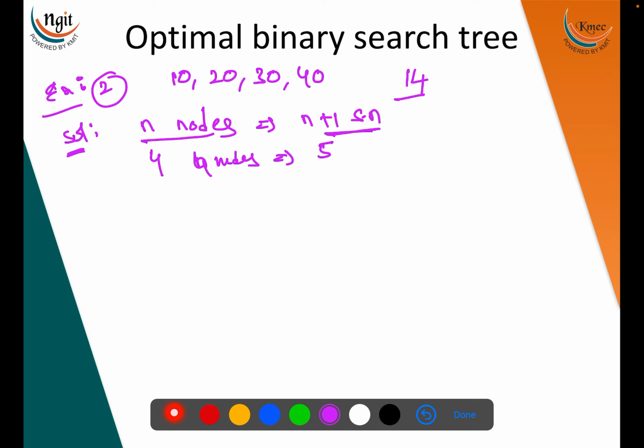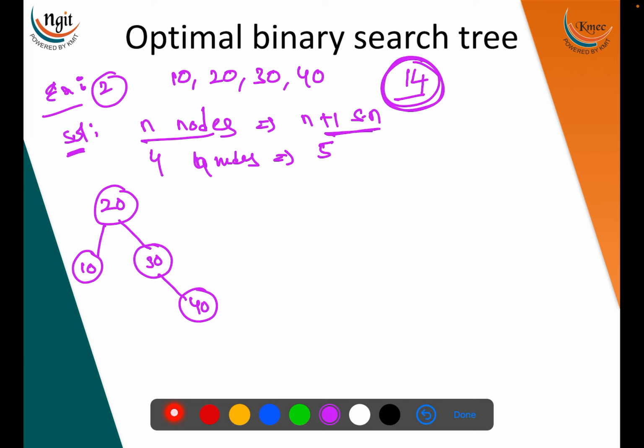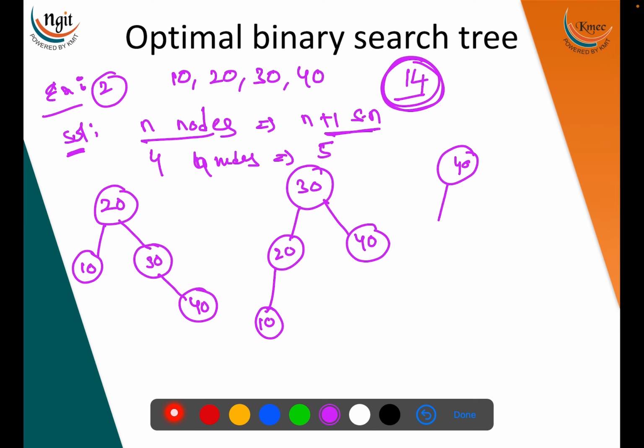Now let's draw it. I am just drawing here 20, 10, 30 and 40. I am not going to take 14, but I will take a few of them. 30, 20, 40, 10 and 40, 20, 10 and 30.